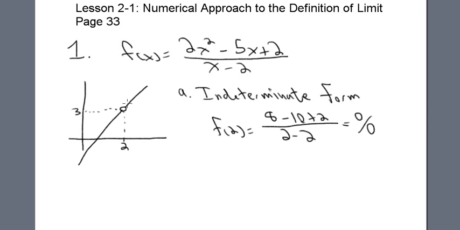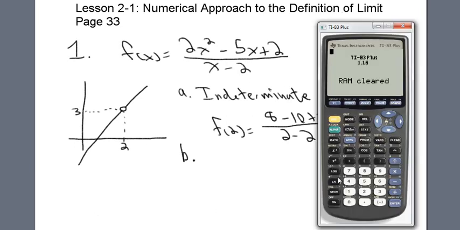Now, part B says the number y equals 3 is the limit of f of x as x approaches 2. Make a table of values of f of x for each 0.001 unit of x from 1.997 to 2.003. Now, easiest way to do this is on a calculator. So I'm going to go ahead and take my calculator, and I'm going to plug in this function.